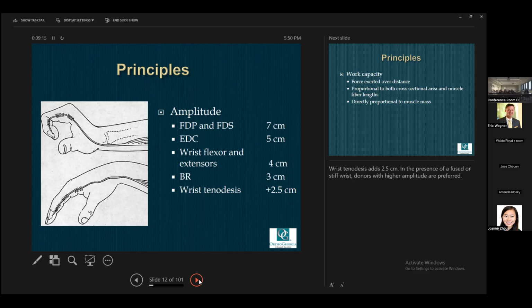The wrist flexors and extensors have 4, brachioradialis 3, and then the wrist tenodesis effect adds 2.5 centimeters. So let's say you have a rheumatoid patient with a fused wrist who has ruptured their extensor tendons. Well, you don't have the 2.5 centimeters of additional excursion from the wrist. So you might consider FDS transfer in that setting.